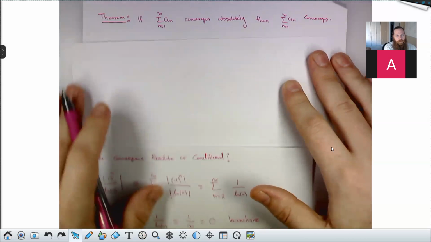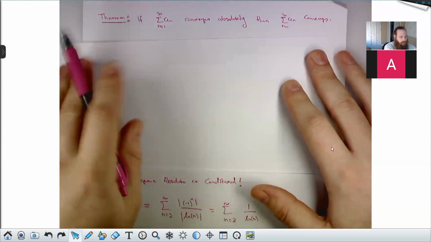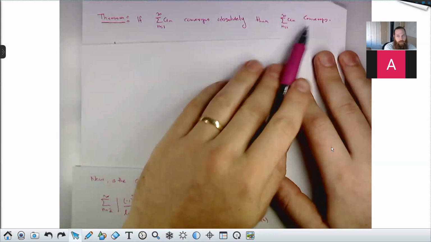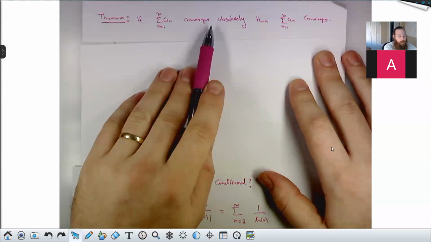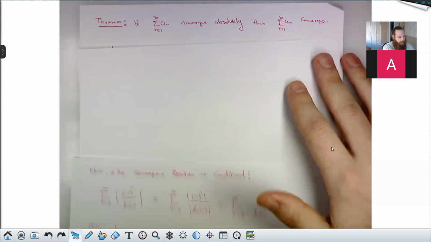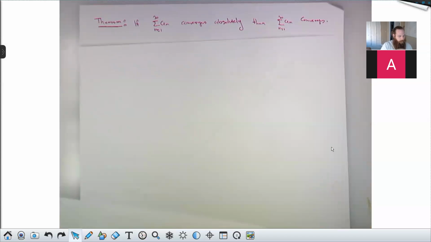And by that I mean, sometimes the easiest way to show that something converges is to show that it converges absolutely. Because the tests that we learned at the beginning of this chapter only apply to series with positive terms, one of the ways to go from a series that you can't do anything about to a series that you can learn about is by taking absolute values inside.